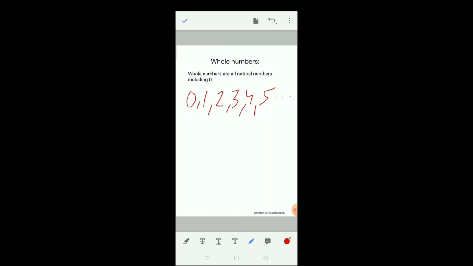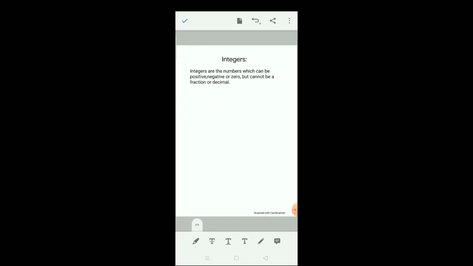Okay, so now next is integers. So what are integers? Integers are the numbers which can be positive, negative or 0 but cannot be a fraction or decimal.